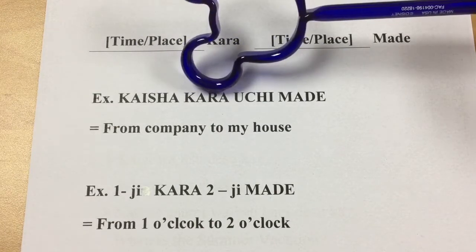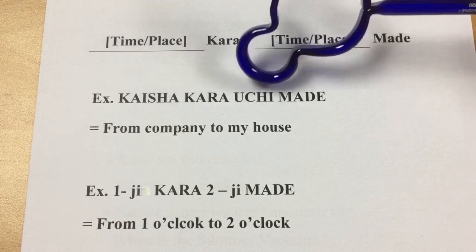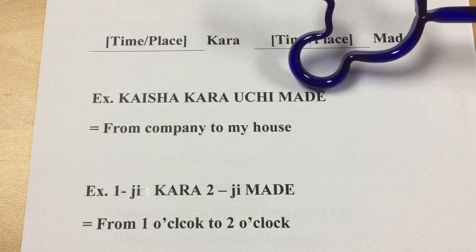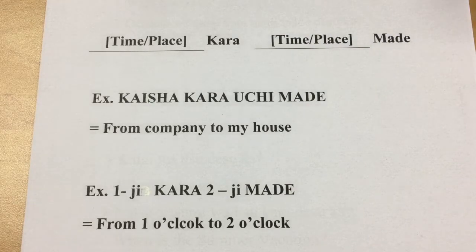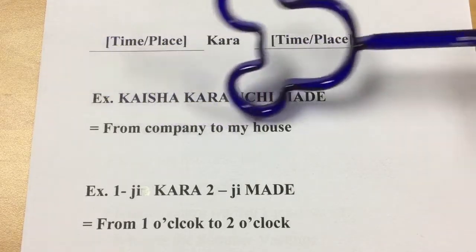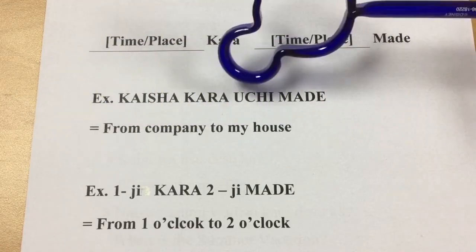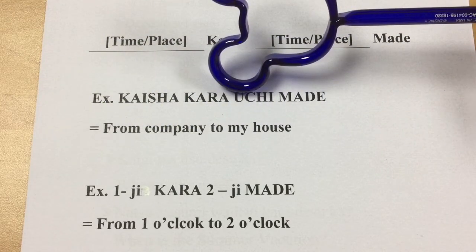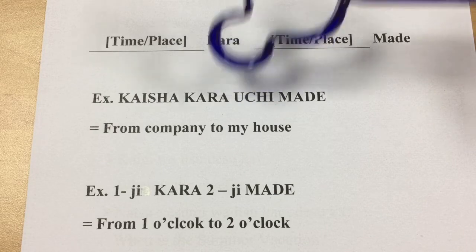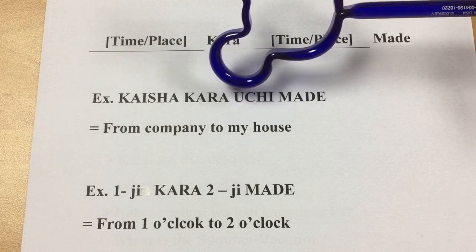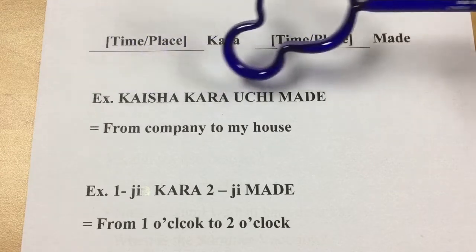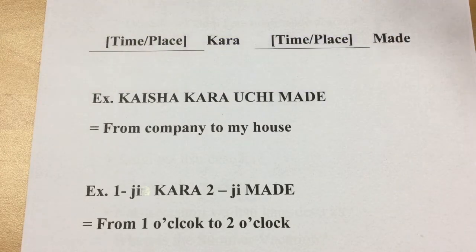So 会社から, from the company. 家まで, to my house. So when you use this particle, this is a phrase. You have to make use of this phrase in a sentence that we're going to make later. So now we just learn how to use kara and made.